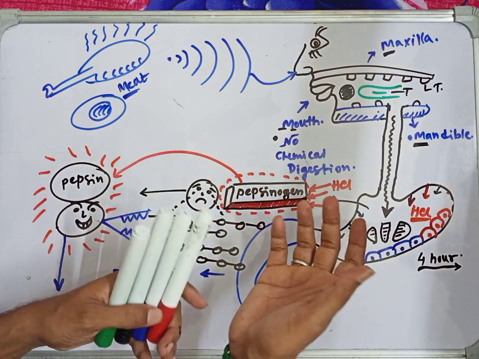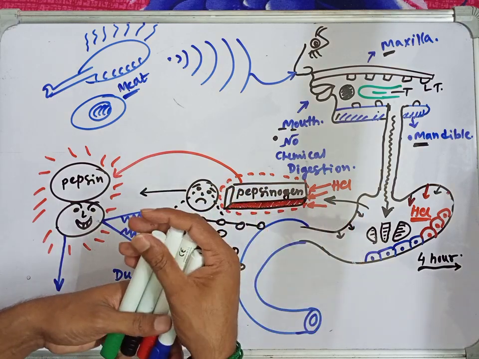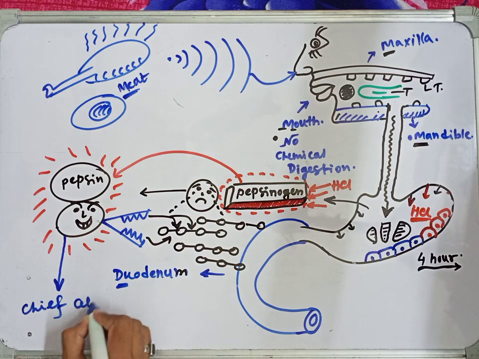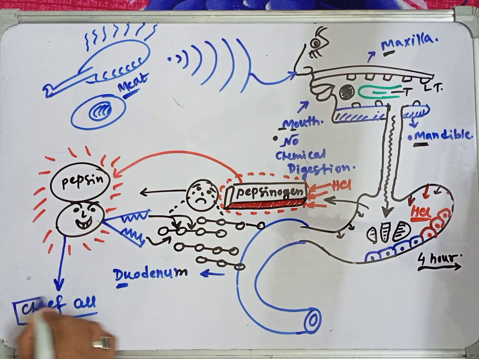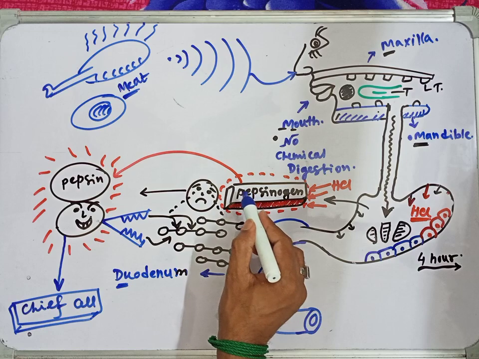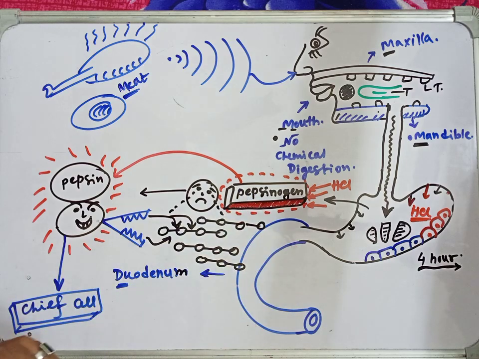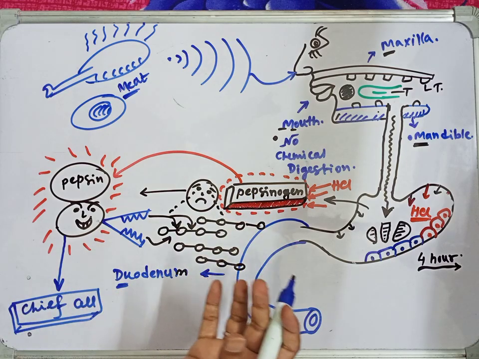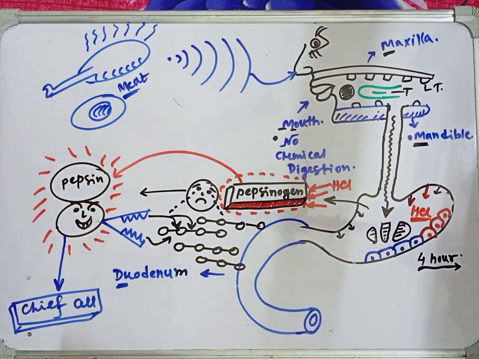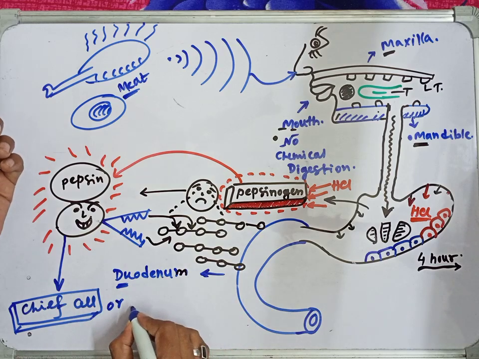The cell responsible is called the chief cell, or principal cell, right? The chief cell of the stomach releases pepsin in its initially inactive form, called pepsinogen. The chief cell is also popularly known as the peptic cell, right?